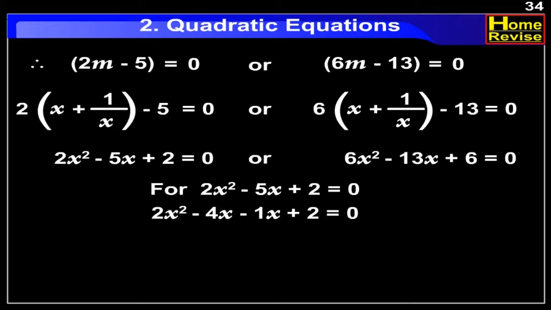Taking out 2x common from the first two terms, we have 2x (x minus 2), and taking out minus 1 common from the next two terms, we have minus 1 (x minus 2) is equal to 0.